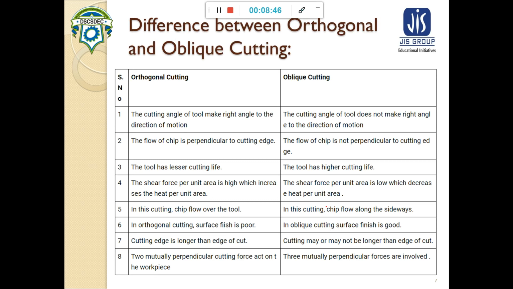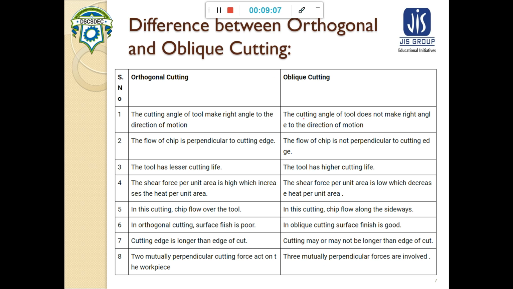Okay, now we'll see the difference between oblique and orthogonal cutting. This difference many times comes into your semester exam, and it is so important. In orthogonal cutting, the cutting angle of the tool makes a right angle with the direction of the motion.